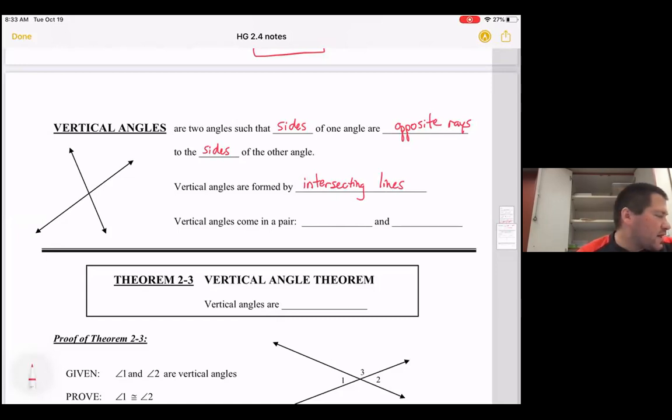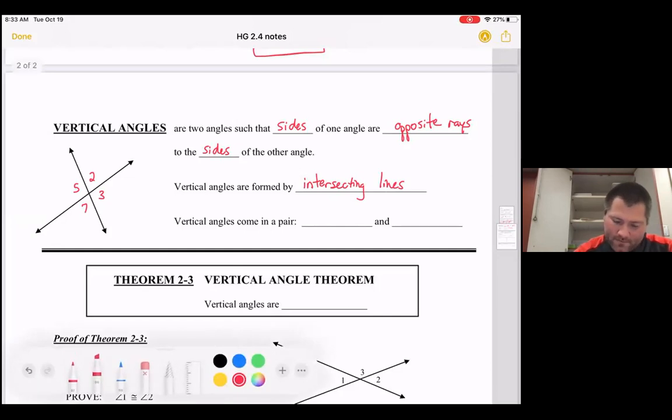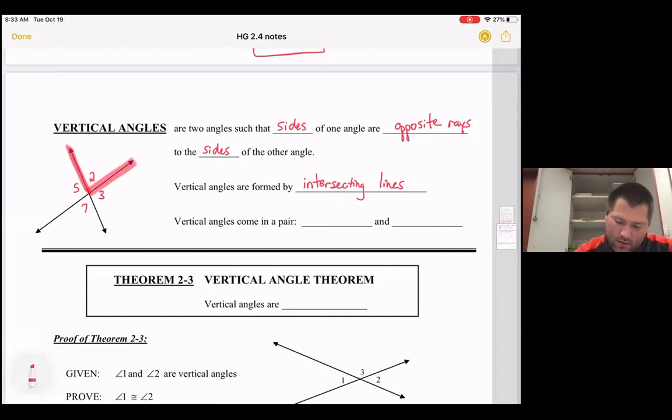And so on this diagram, let's call this angle 2, angle 3, closer to angle 5, and angle 7. So if I go to a highlighter, so these 2 angles right here, well, it's hard to tell. Let me change colors.